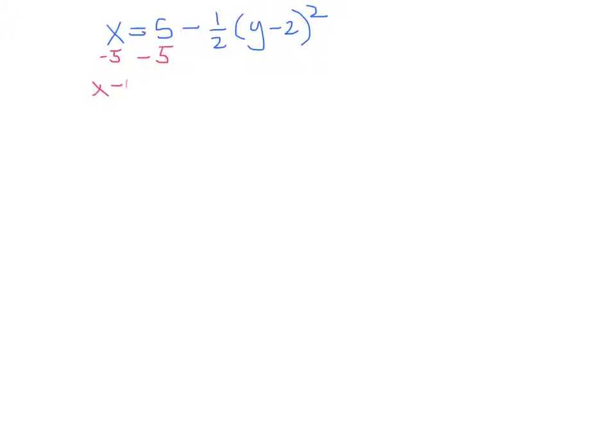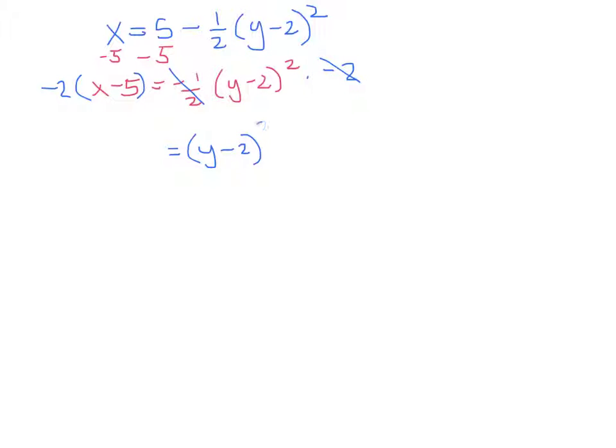So I have x minus 5 equals negative 1/2 y minus 2 squared. I'm going to multiply both sides by a negative 2. That will get rid of the negative 1/2 here. So now I have y minus 2 squared equals negative 2 times the quantity x minus 5.